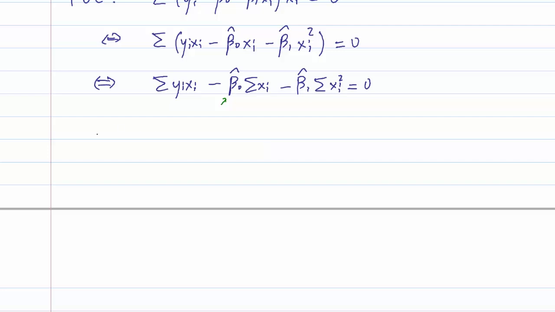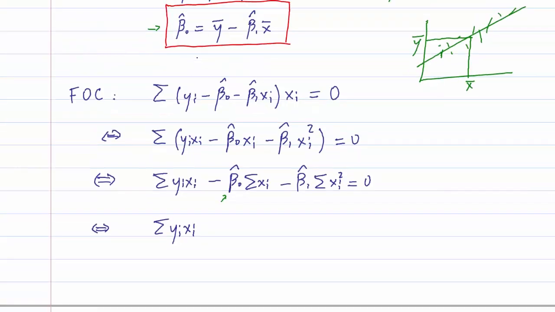So it becomes sum of yi xi, and then let me go back up so that you can see it, minus y bar minus beta 1 hat x bar times sum of xi minus beta 1 hat sum of xi square equals 0.